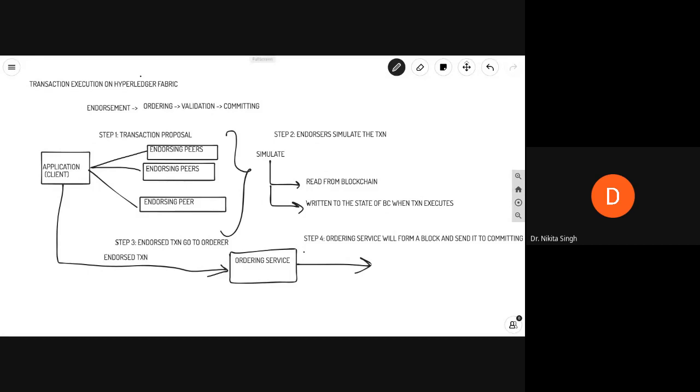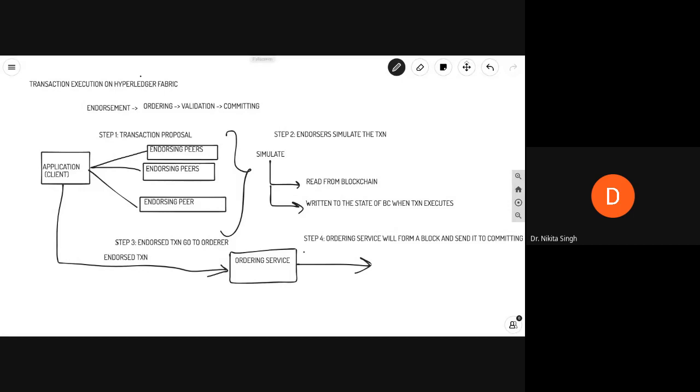The ordering service, or the orderer, will not be just one orderer. Remember, we are talking about a blockchain, where the information is distributed. So we will have a cluster of orderers that are not processing transactions, not processing smart contracts, not maintaining the ledgers. The only goal of the ordering service is to accept the endorsed transactions and specify the order in which those transactions will be committed to the ledger.